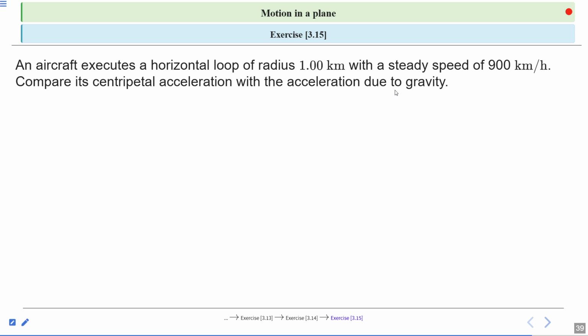We know centripetal acceleration is always directed towards the center, and acceleration due to gravity is small g. So compare both terms. Got it? Think about it.